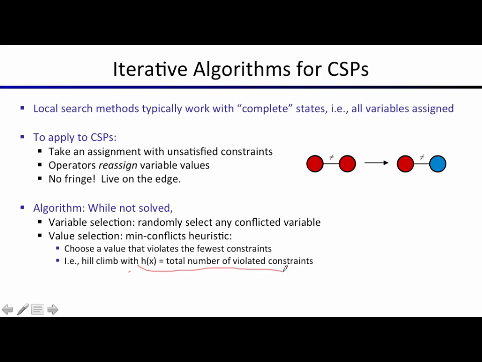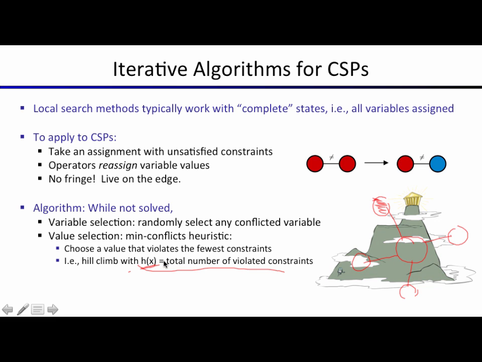Essentially, you can think of this as your current state, and it has a bunch of problems. I pick one variable and then I can assign it to a bunch of values. That gives me a bunch of other states that I could possibly go to, one state for each value of the variable that I picked, and I will choose the one that gets me in the least trouble.